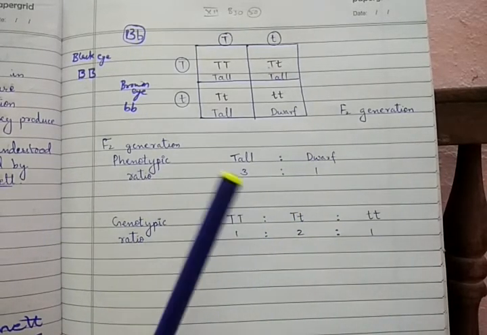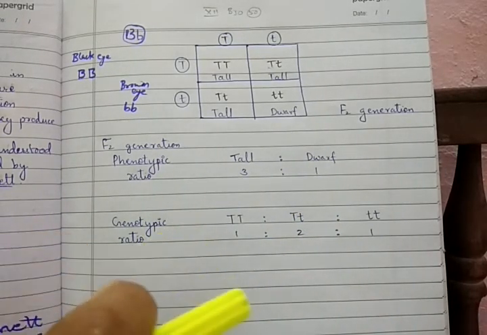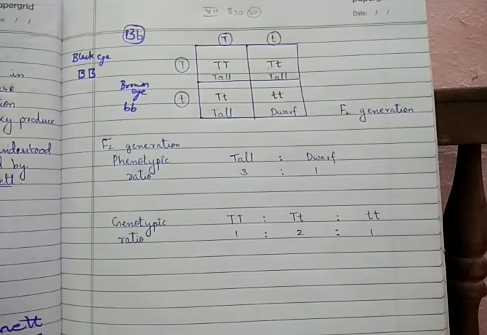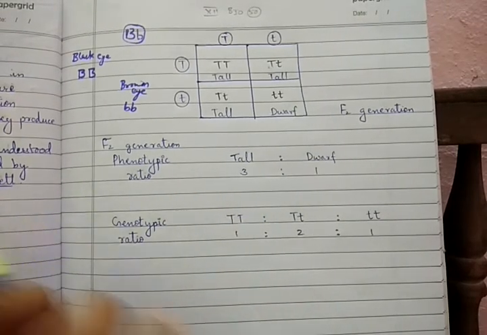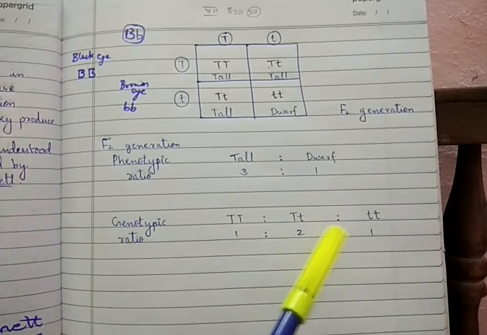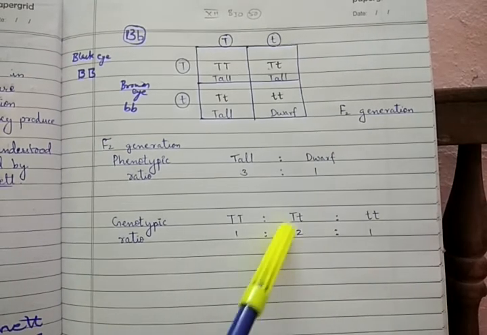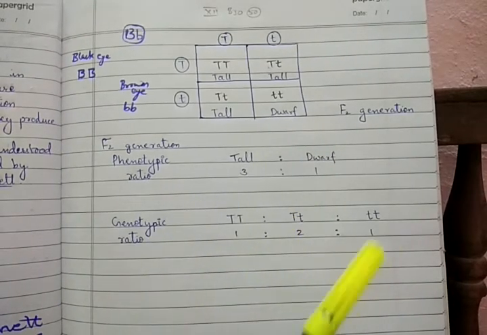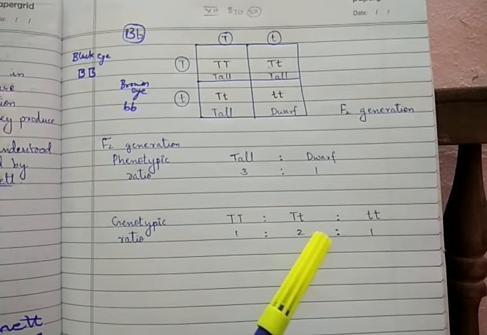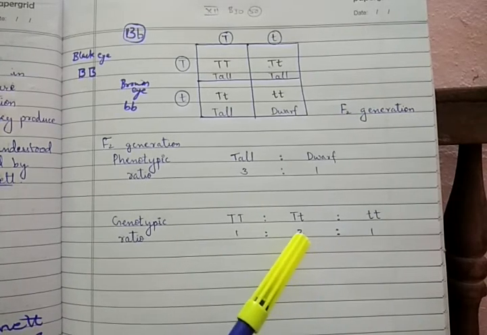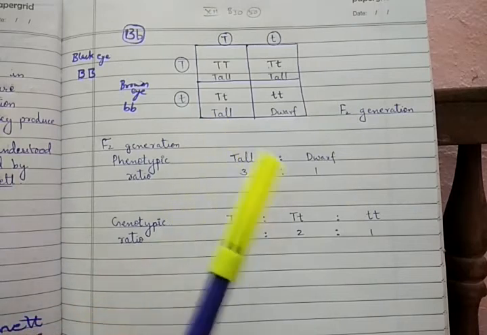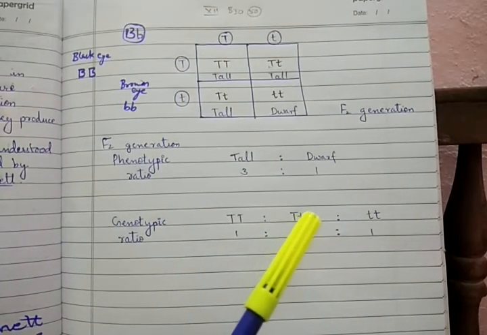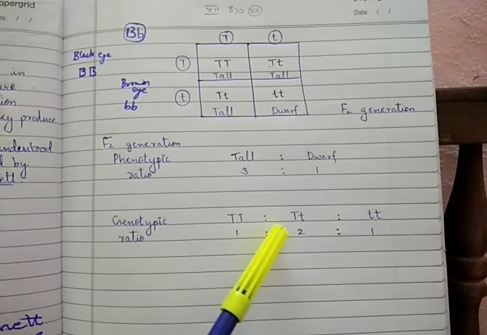Similarly, if we are discussing the genotypic ratio, whether the next generation will have a pure tall condition or an impure tall condition, from the 4 chances that we got here, 50% chance is for the impure tall condition, right?